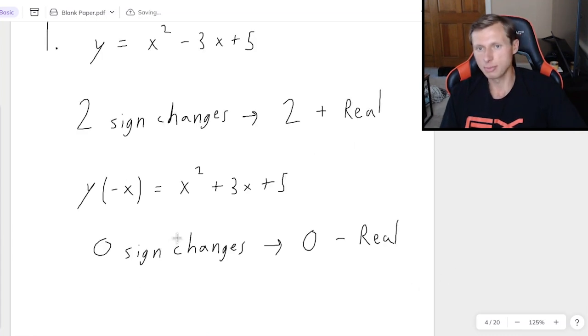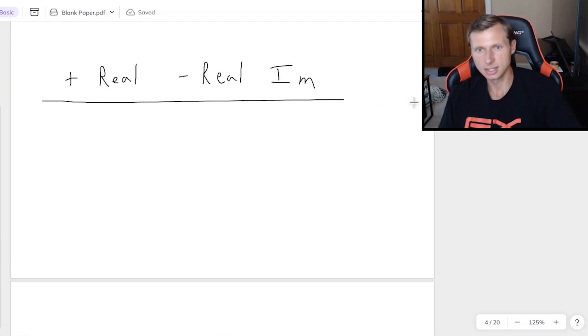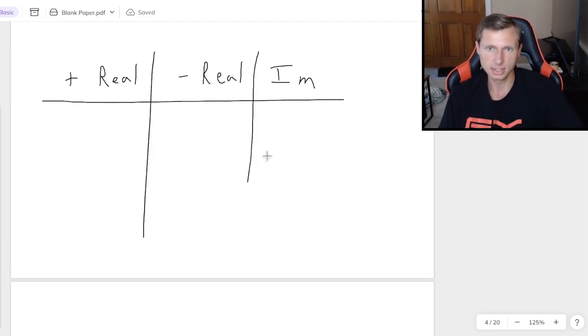And so with that information, I'm going to construct my sign chart with the positive real, negative real, and imaginary. Sometimes they want the total. You can put the total if you want. But I always like to start with the maximum for the positive and negative categories. In other words, I'm starting with 2, 0, 0, because we said 2 positive, 0 negative, and always start with 0 imaginary.